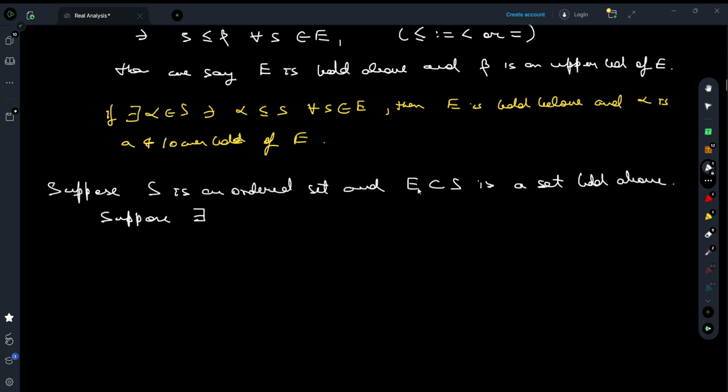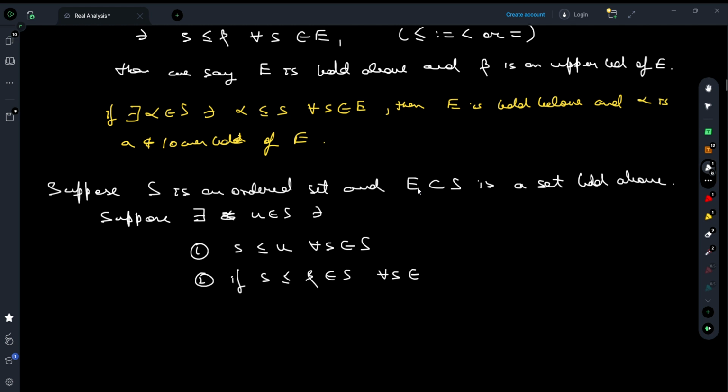Suppose there exists some u in S such that, point number one, s is less than or equal to u for all small s in E, that is, u is an upper bound of E. And number two, if s is less than or equal to some beta in S for all small s in E, then u is less than or equal to beta.